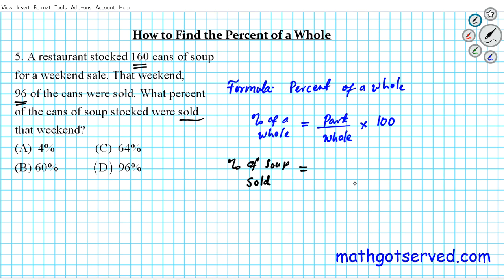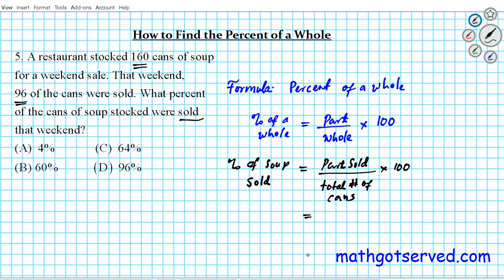So percent of soup sold, the part is going to be the part that's sold, divided by the total number of cans. This gives us the fraction sold, but we need it in percent form. So what do we do? Multiply by 100. This will convert it from fraction to percent.